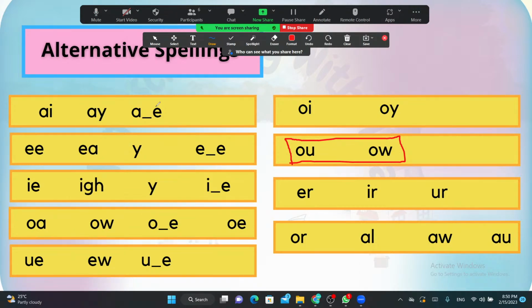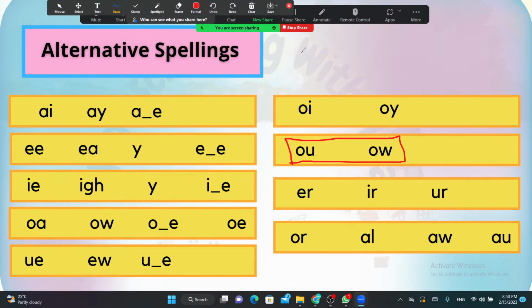So how to differentiate now? For example, let me just make it clear to you. The spelling is... what is the sound of OW here? Ow. Ow. And I just told you that OW says O at the end of the word, right?